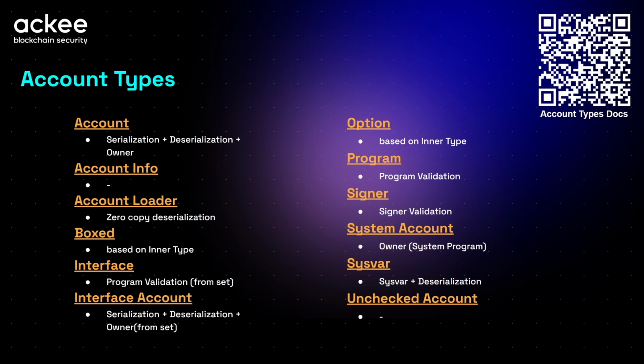So as the account stores data of your program, the account has to be owned by your program. Then there is AccountInfo, a type which doesn't perform any checks. Then AccountLoader ensures the zero copy deserialization, so no overhead with copying stuff.